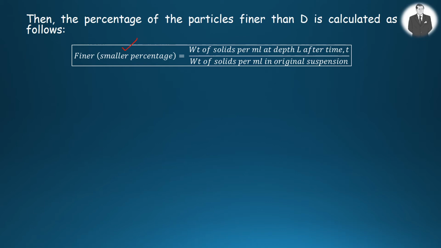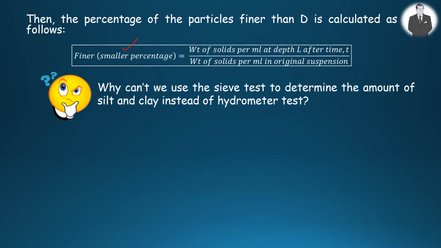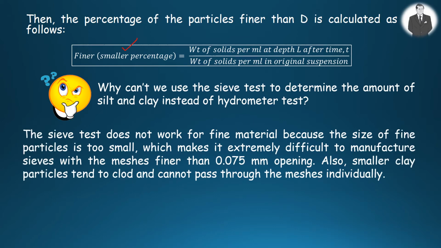Now you may ask yourselves why we can't use the sieve test to determine the amount of silt and clay instead of the hydrometer test. Well, the sieve test does not work for the fine material because the size of fine particles is too small, which makes it extremely difficult to manufacture sieves with meshes finer than 0.075 millimeter opening.